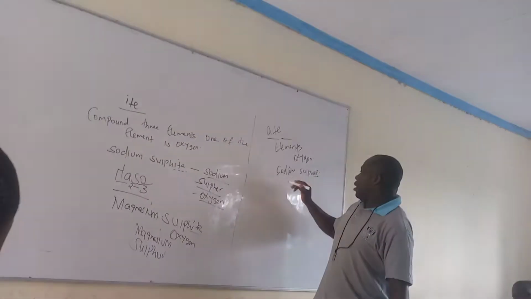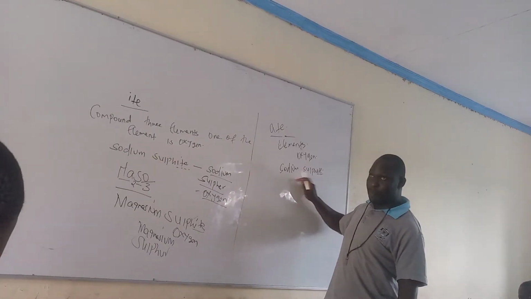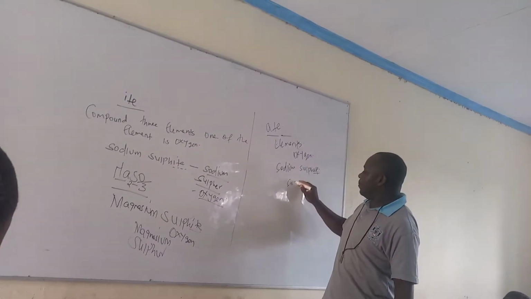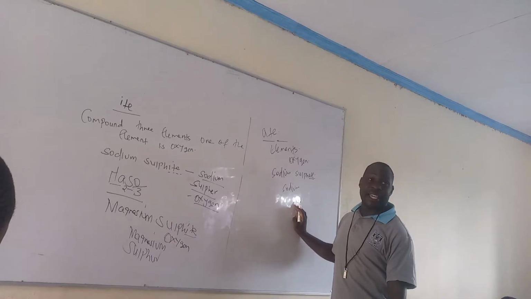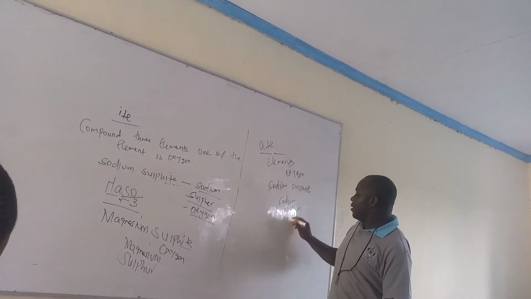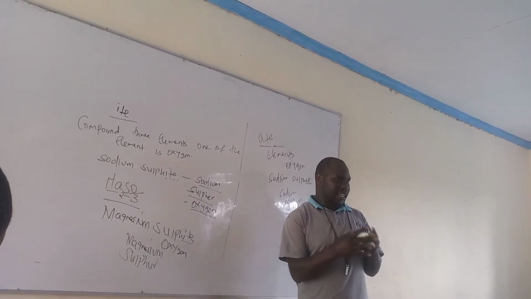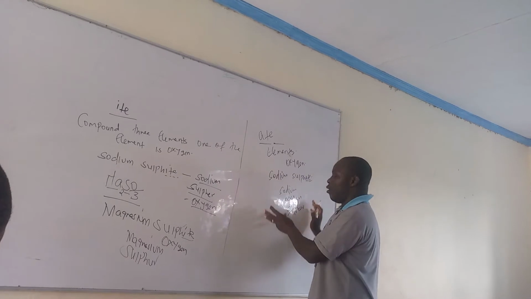Let us look at the constituent elements in this compound. We have sodium, and what else? Oxygen and sulfur. So you realize that these three elements make up this compound.